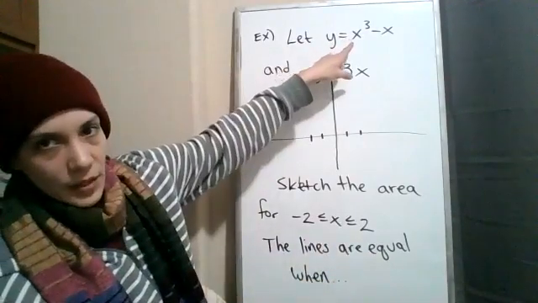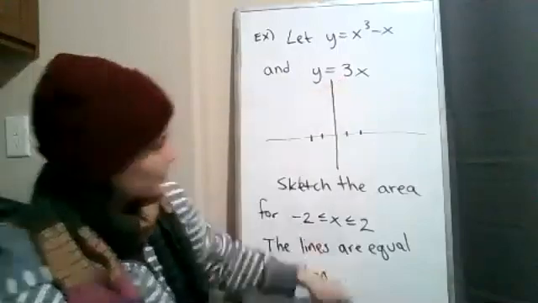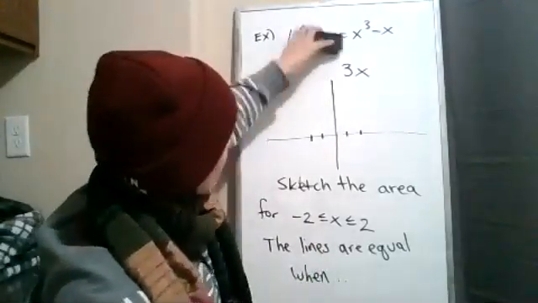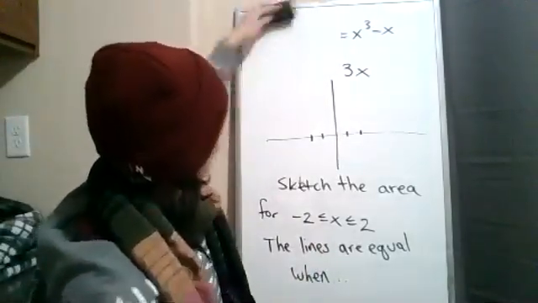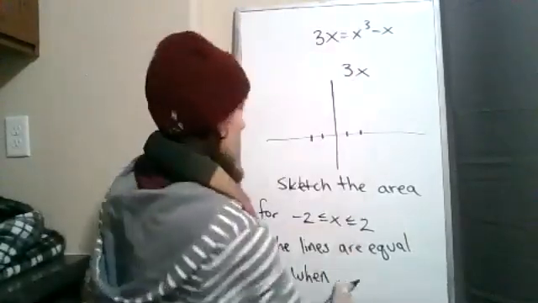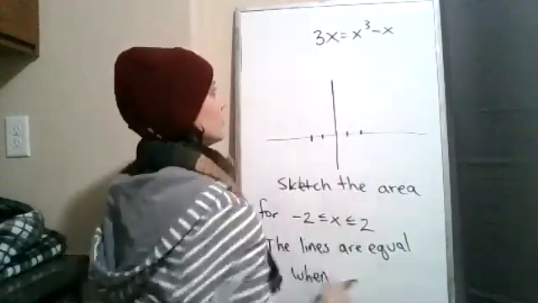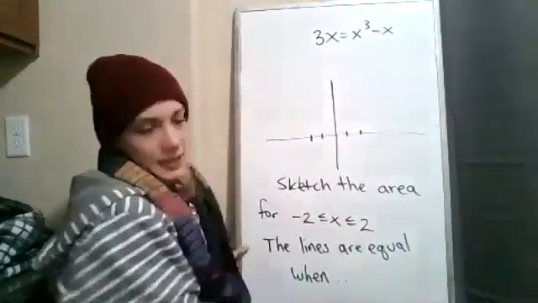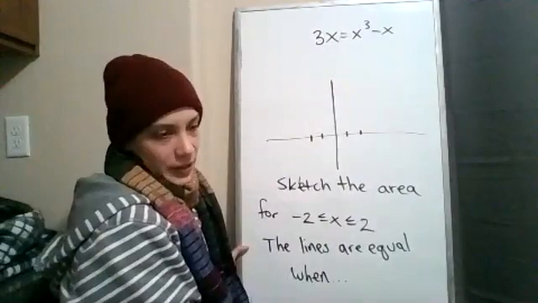So we'll have x cubed minus x equal to 3x. Subtract 3x from both sides and then factor.